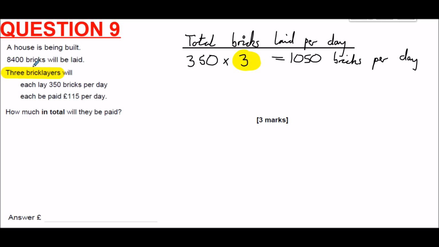But we need a total of 8,400 bricks to be laid. And so if 1,050 bricks can be laid per day, how many days would we need to lay 8,400 bricks?